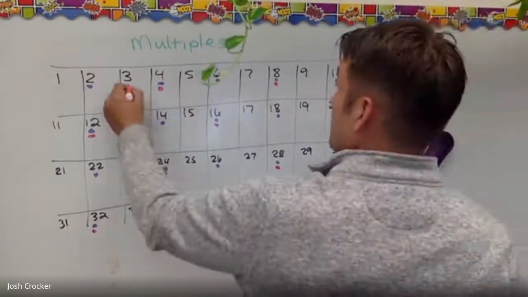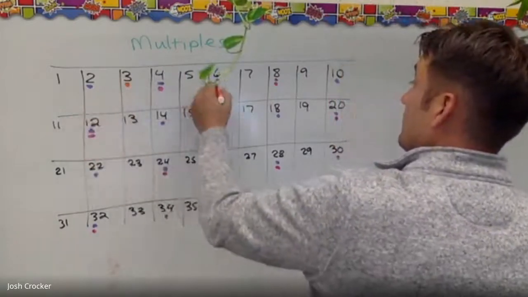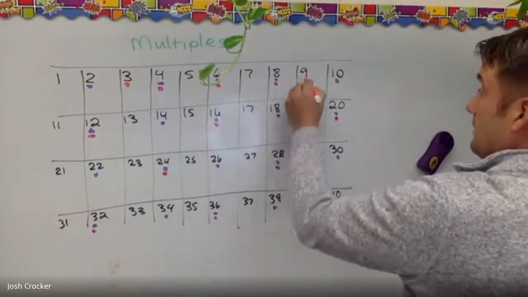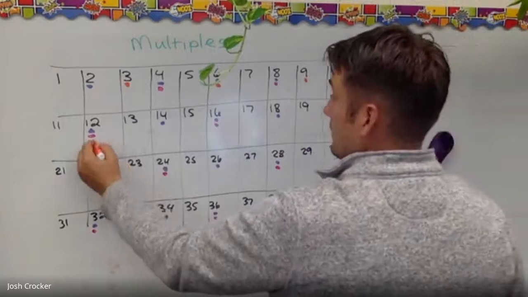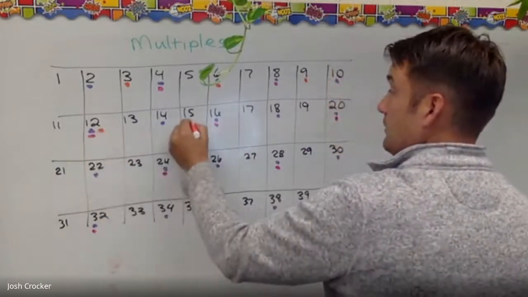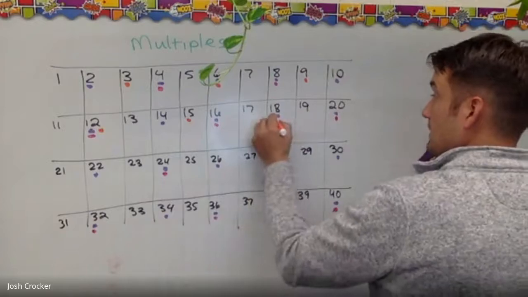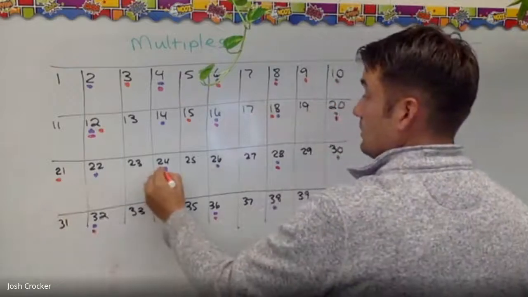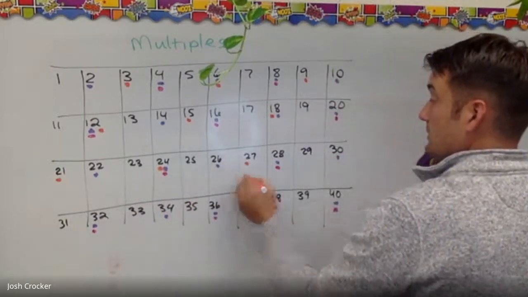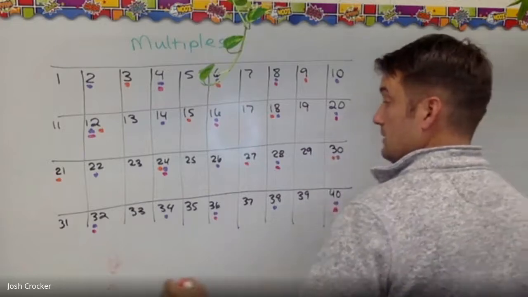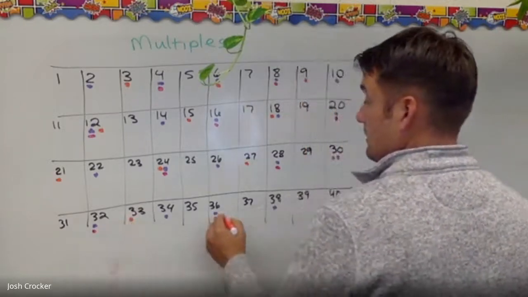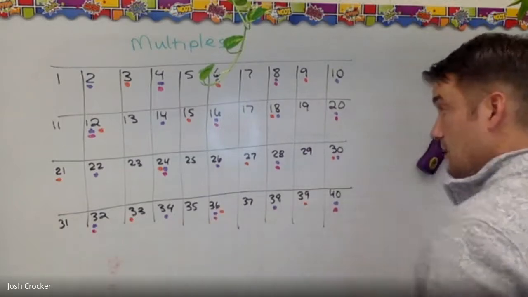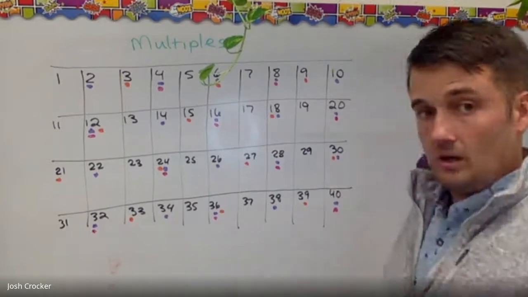Okay, 3, and then if I add 3 more, I'll get to 6, right? 9, 3 more, 12, 15, 18, 21, 24, 27, 30, 33, 36, 39. Okay, so I marked all the multiples of 3.